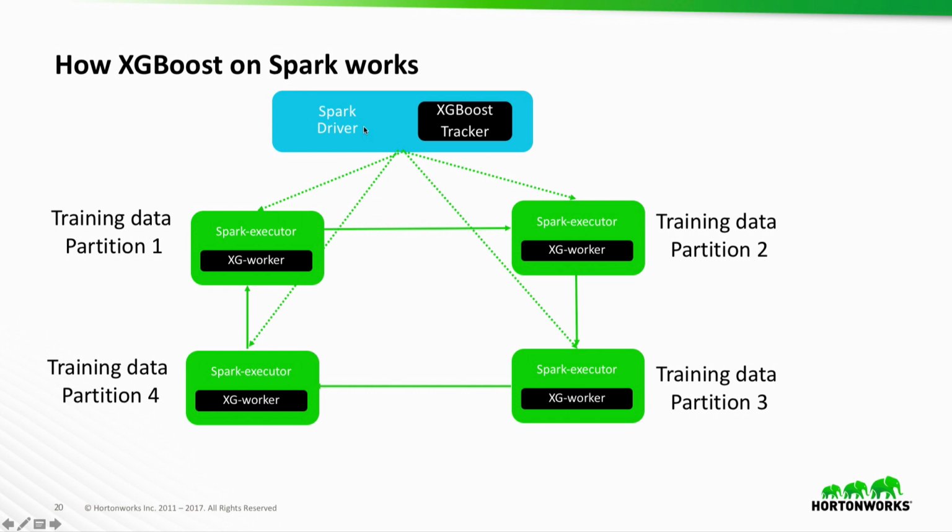And then at each partition, on each Spark executor side, we need to start the XGBoost worker to process the corresponding data partition in the data frame. So this is the execution layer. We use each Spark executor to start an XGBoost worker, and then the workers do the synchronization across all XGBoost workers. Spark executors don't need to handle anything.